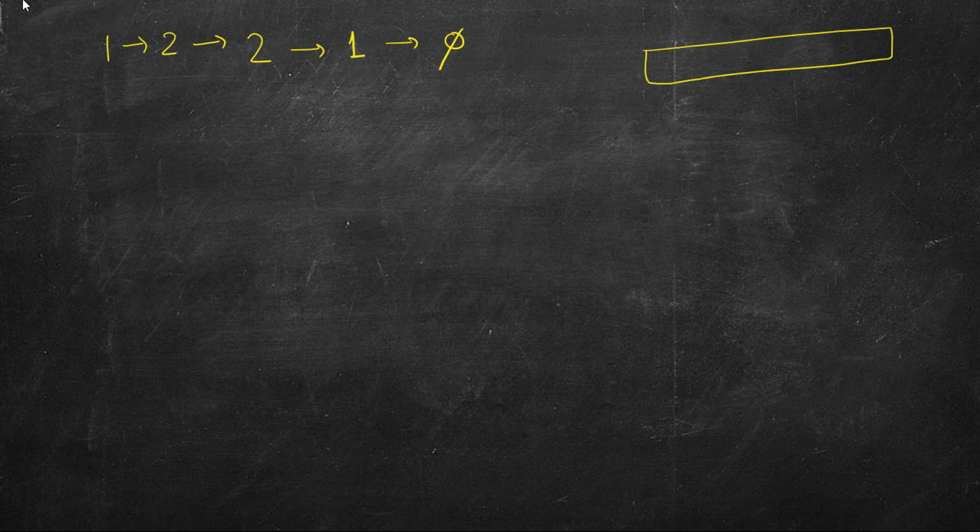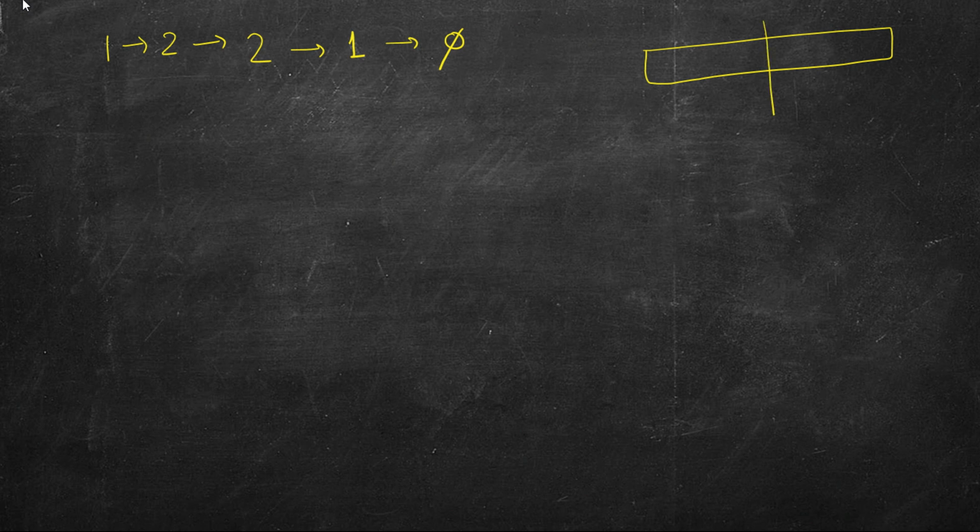So let's say we have a linked list 1, 2, 3, 4, or let's take a palindrome. So let's make it 2 and let's make it 1. So this is a palindrome. If we are given a linked list, how do we compare if it's a palindrome or not?